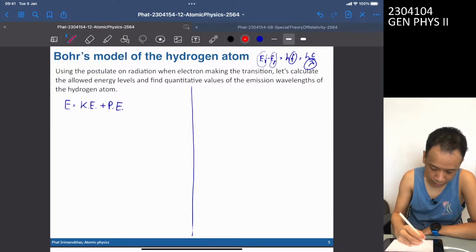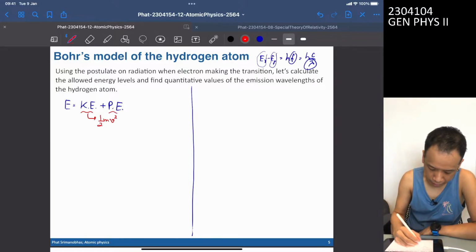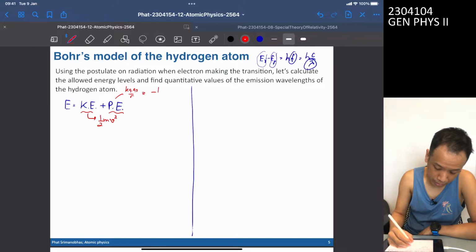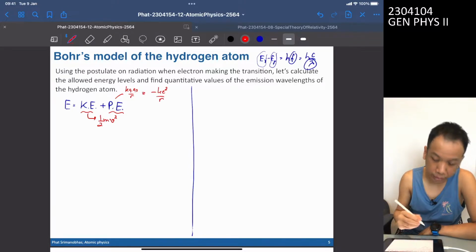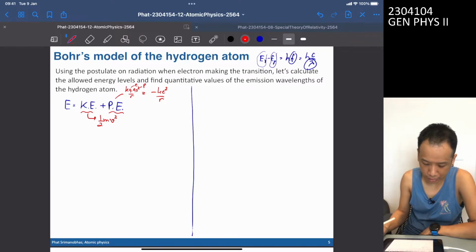Kinetic energy, you know that it's half of the mv square, right? And for the electric potential energy, it's basically k q1 q2 over r. So it's equal to minus k e square over r. It's minus because q1 is the electron and q2 is the proton, which is the opposite charge, so you have the minus here.